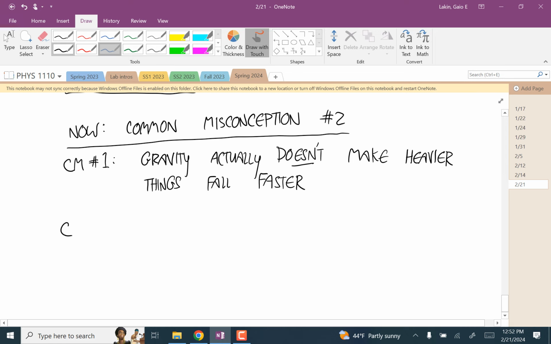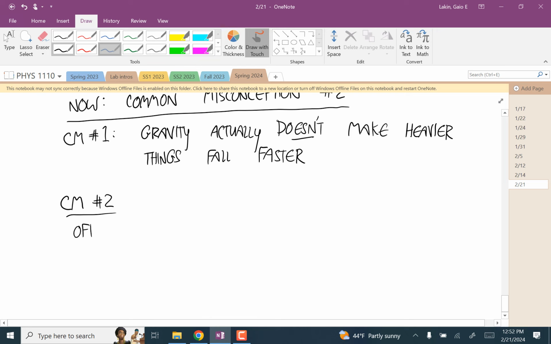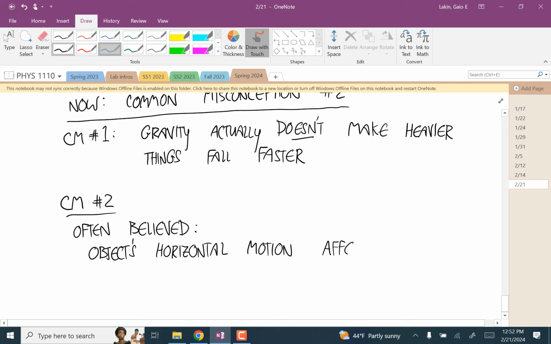Okay, so what about number 2? People often think, let's say it's often believed, that an object's horizontal motion affects its vertical motion in free fall.